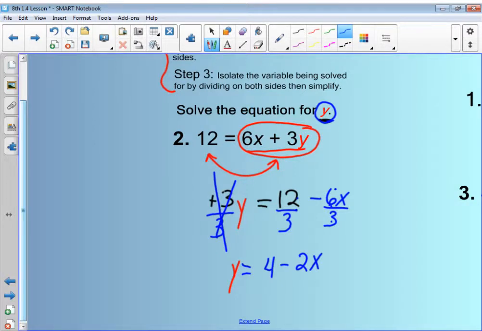Okay, if somebody reversed those around, you would just have to make sure that that minus sign stays in front of the 2. So you could have had y equals negative 2x plus 4. I don't know why you would rewrite it, but once we start getting into slope, this is where this comes into play. You guys are going to be working with slope in chapter 2, I believe it is, and you have to isolate for y.